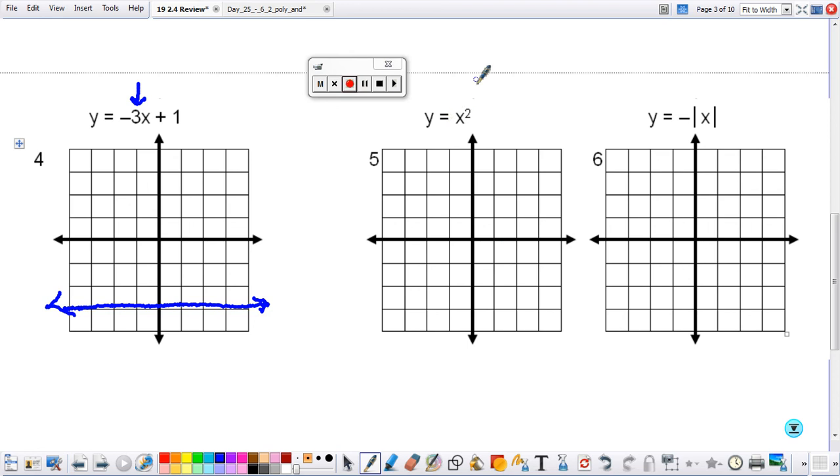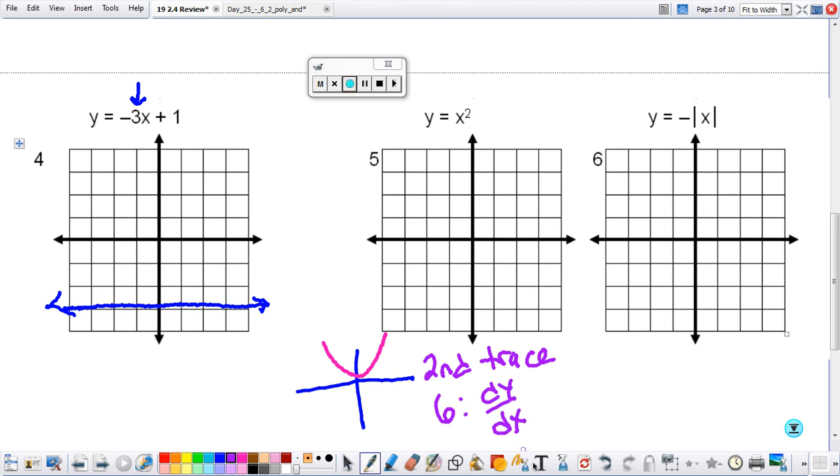Now for x squared, if you graph this in your graphing calculator, you are going to get a nice parabola shape. And I can't count the slope at every tangent point because it is curved. It's not linear. It's not straight. So you can use the calculate menu: when you're on your graph, go to second trace, choice 6 is dy/dx, and then type the x value.